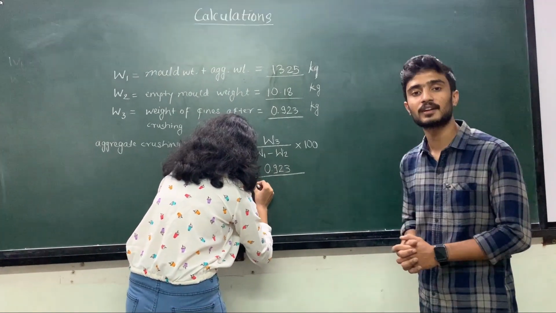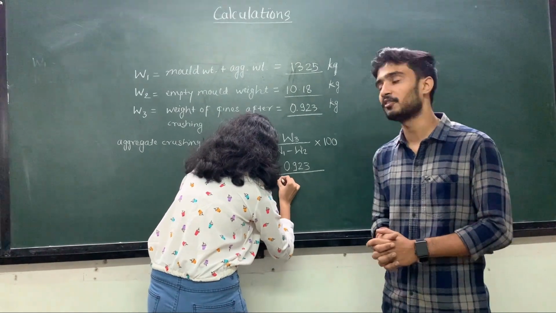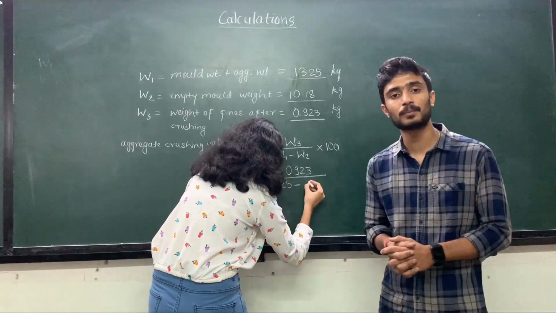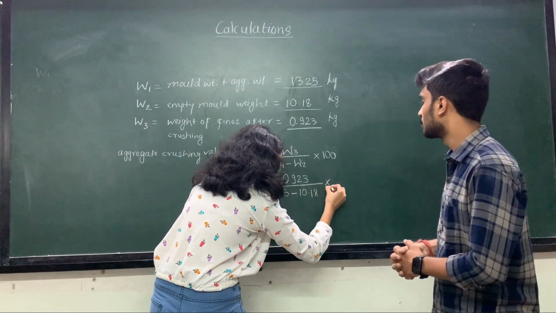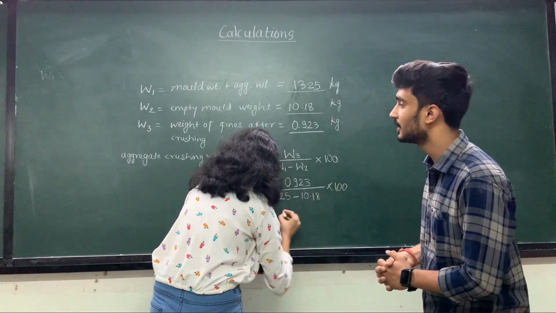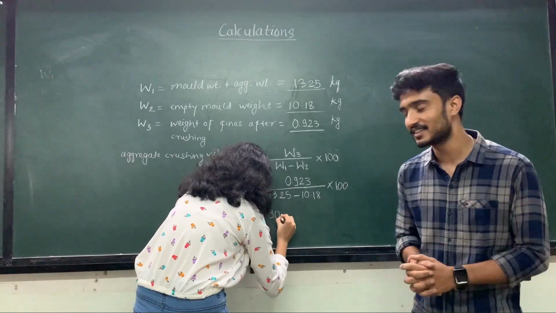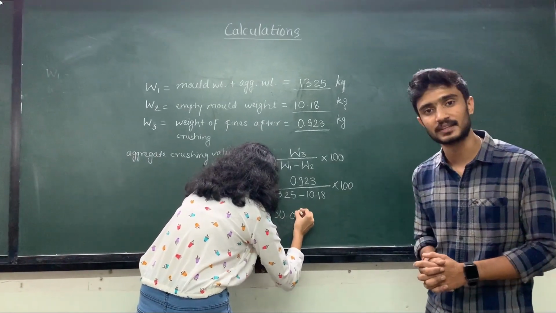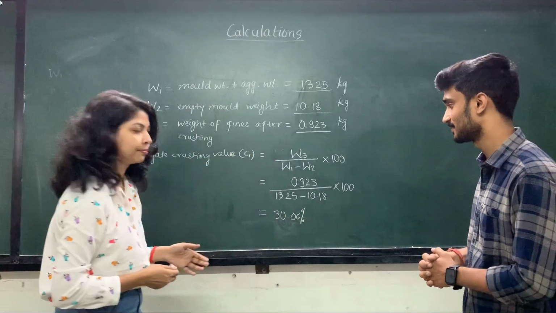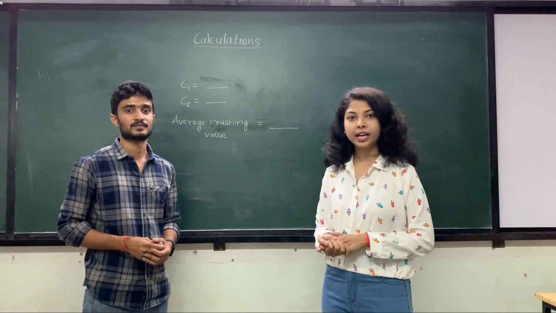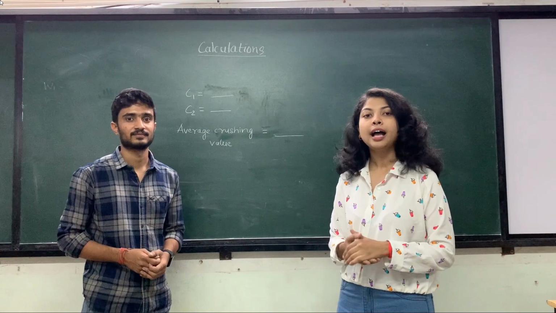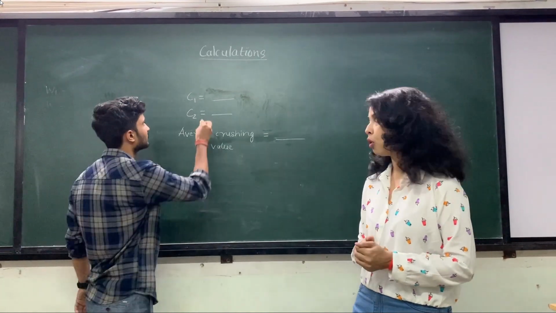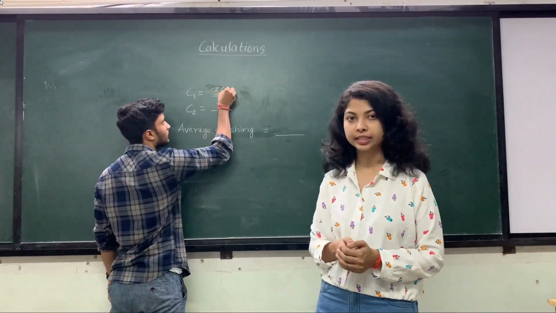For calculating the crushing value of the sample, the formula is W3 divided by (W1 minus W2) into 100. So we get the aggregate crushing value of sample 1 as 30.06%, which we denote as C1.